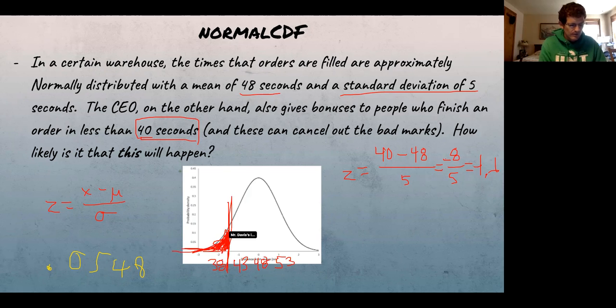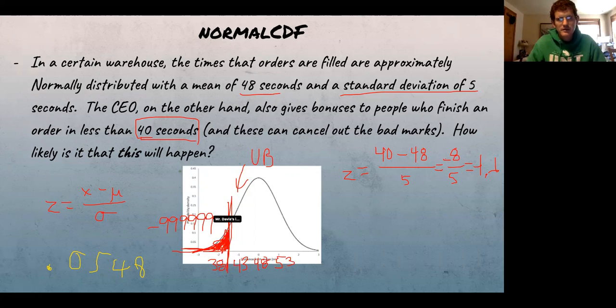And knowing that this is the area I'm looking for, that means that my upper bound, let's put UB right here, is going to be that. My lower bound is going to stretch toward infinity. So in that case, I just put negative 9,999. That would be plenty sufficient. Because remember what we're saying with that negative 999 whatever is that that's negative 99999 standard deviations as our lower bound.